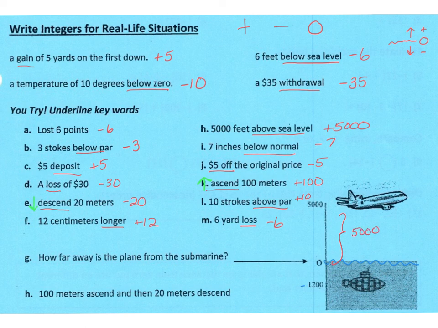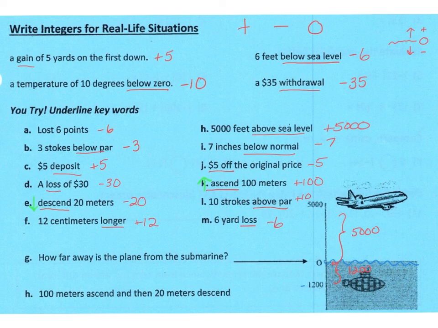But we're not quite at the submarine. We're only at the surface of the water, and we have to get down to the submarine, which if I go from the surface of the water to the submarine, that's 1,200 feet. So I'm going to make a note on there that that's 1,200 feet from the surface of the water to the submarine.